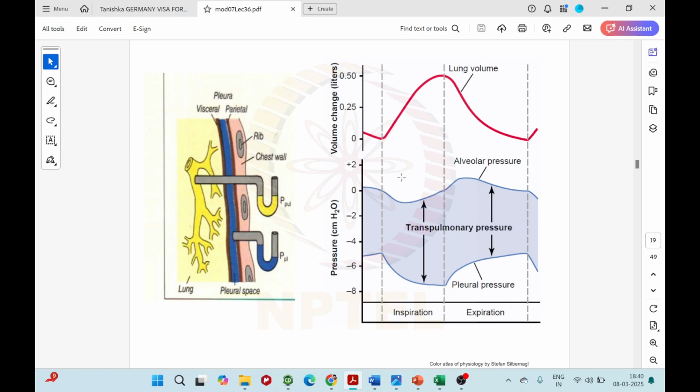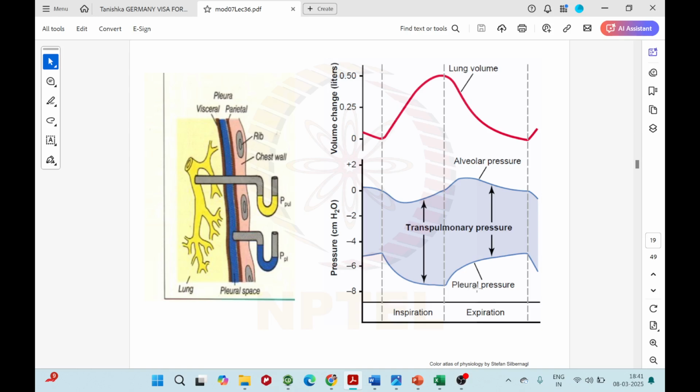So in that case, what is happening? You have two different pressures. One is the alveolar pressure, here in the alveoli, and then you have the pleural pressure, the cavity which is filled with the pleural fluid.